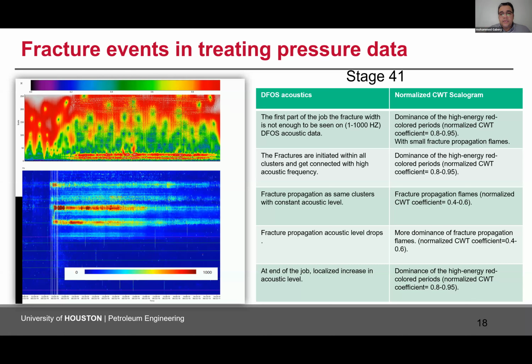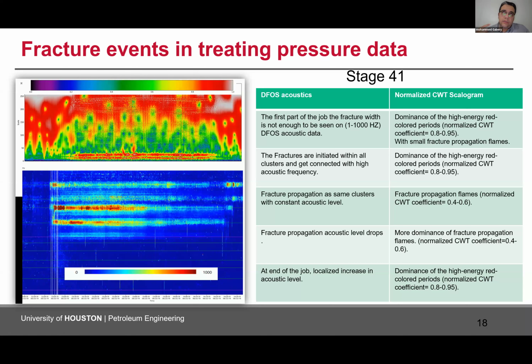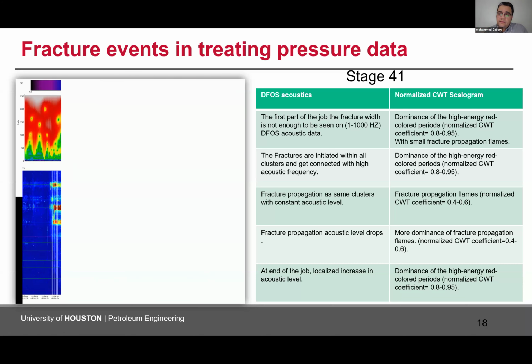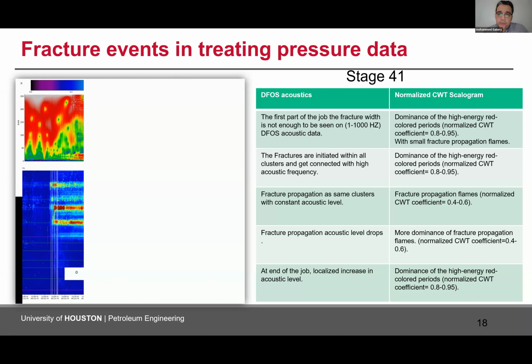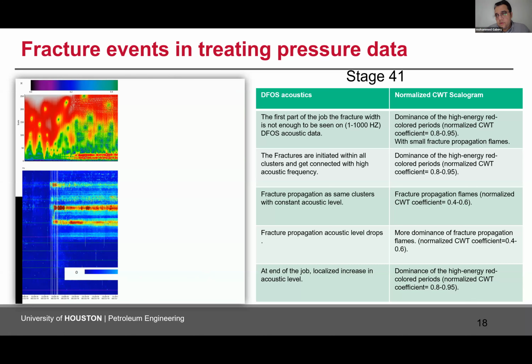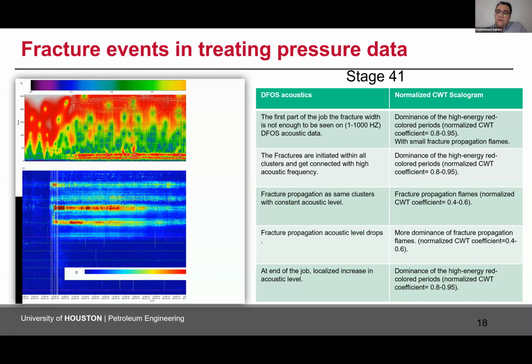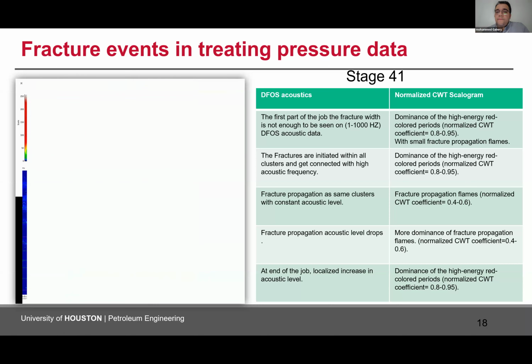The normalized CWT scalogram, because we use only one treating pressure signal, can get the overall fracture propagation over all the clusters, not specifically per each cluster, to get the final fracture propagation mode.